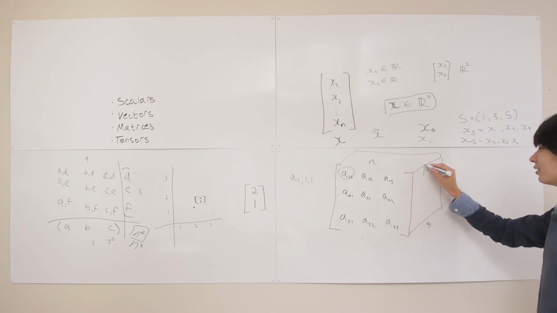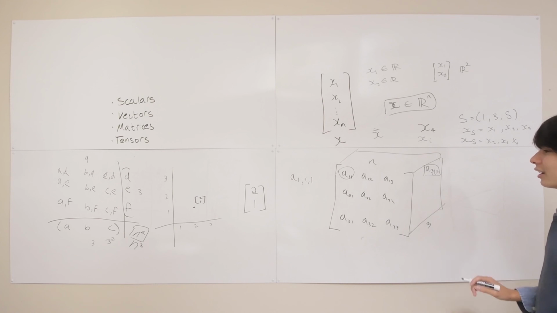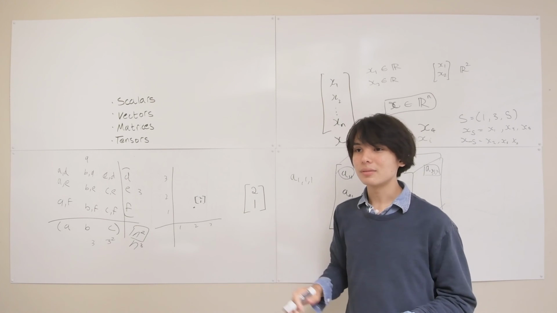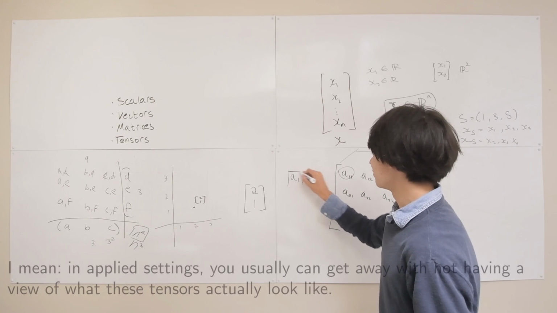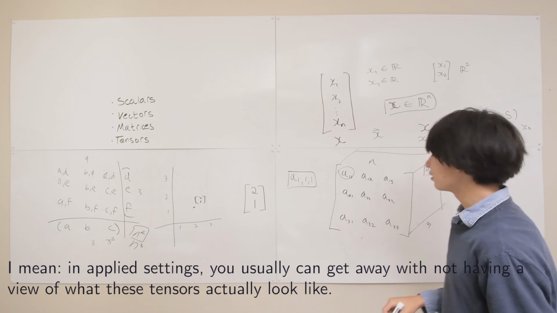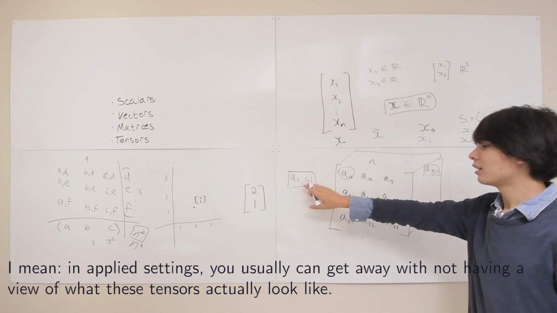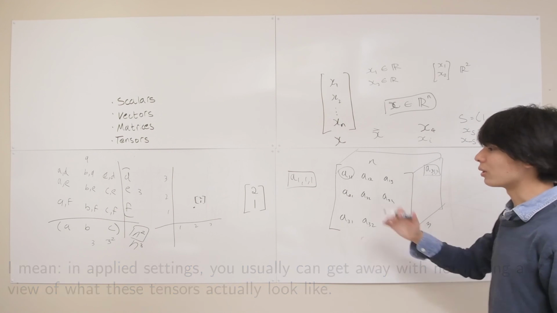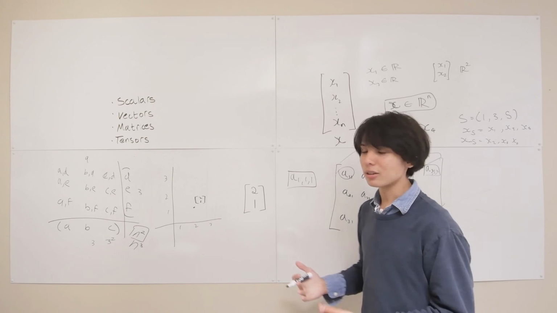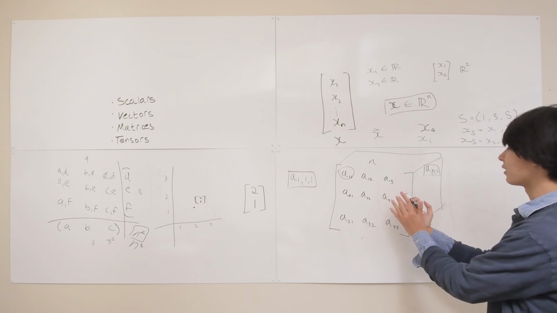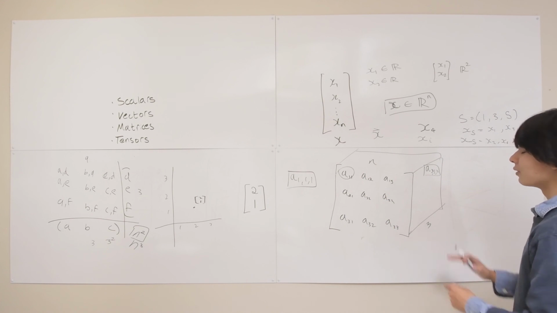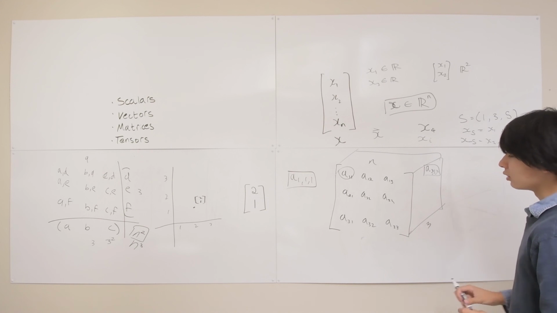So that would be the element here. It kind of gets hard to think about, but you can end up not thinking about it too much if you get what I'm talking about. You can just index it with 3 letters, and it's just a way for us to put more data in one thing. So you can think of it as a 3D'ing of the matrix, sorry, and you can access them like that.